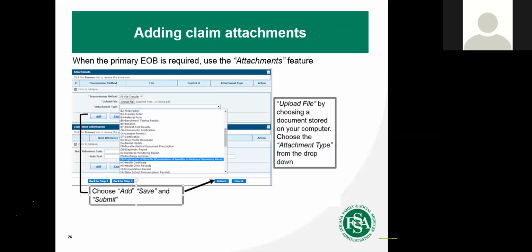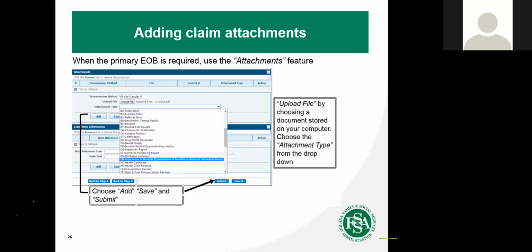Now, I talked about earlier adding attachments, and if you do need to add in attachments, below your service details on step 3 of your claim is a tile that says attachments. We now take electronic attachments via file transfer.